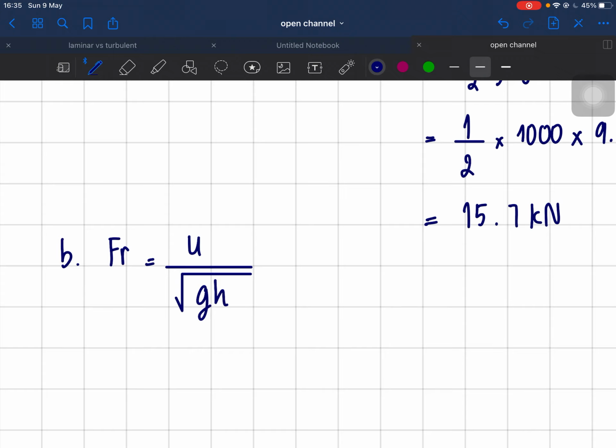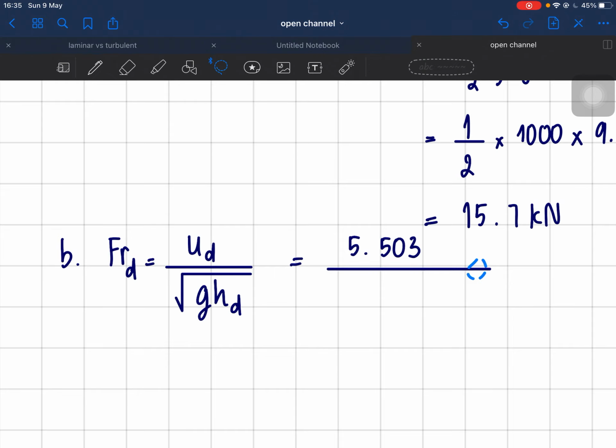Okay, so now we're trying to find the downstream. So let's say downstream is D here, D here, D here. Okay, so we have 5.503 over, this would be a very long thing here.